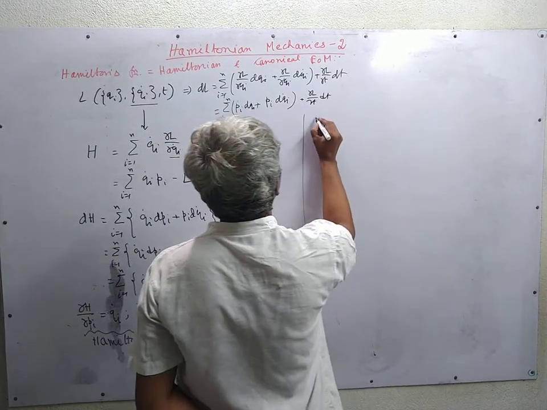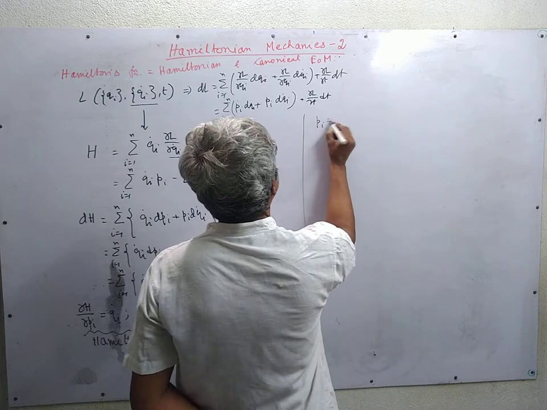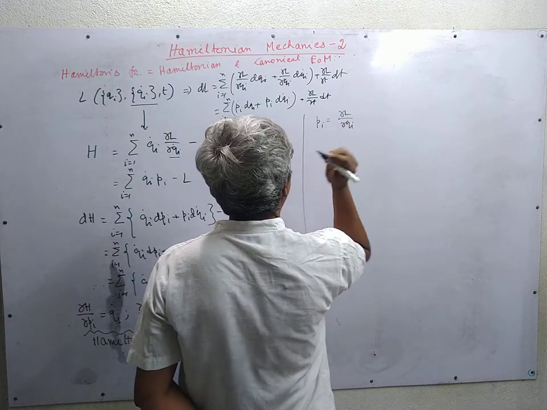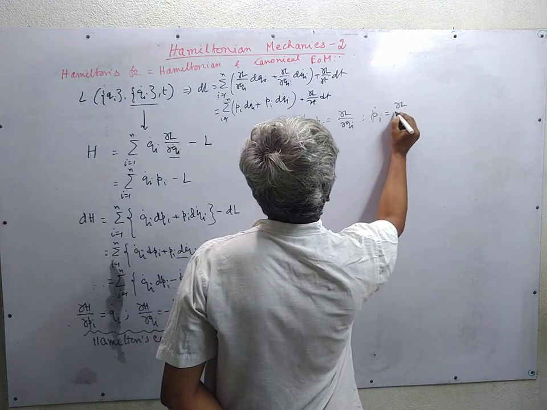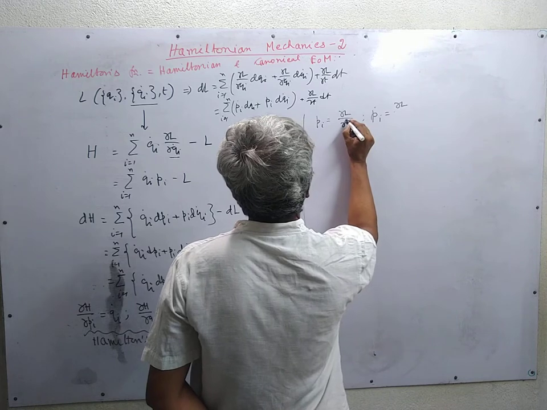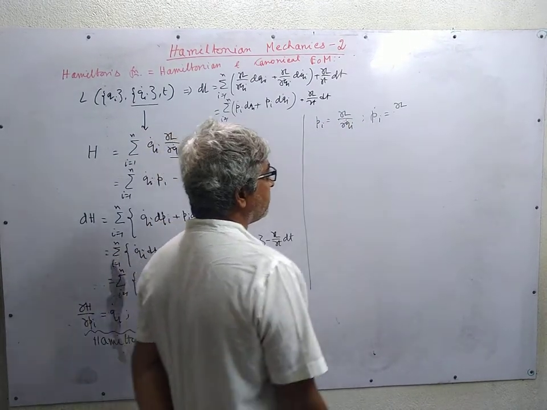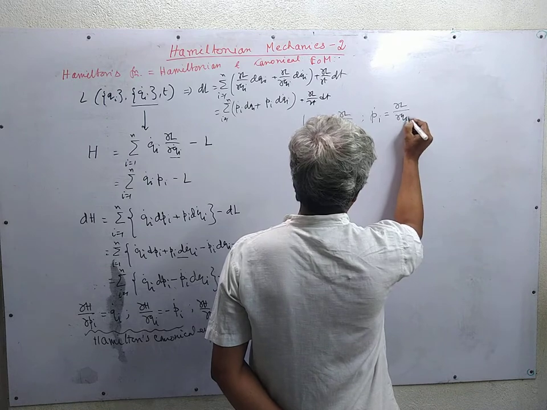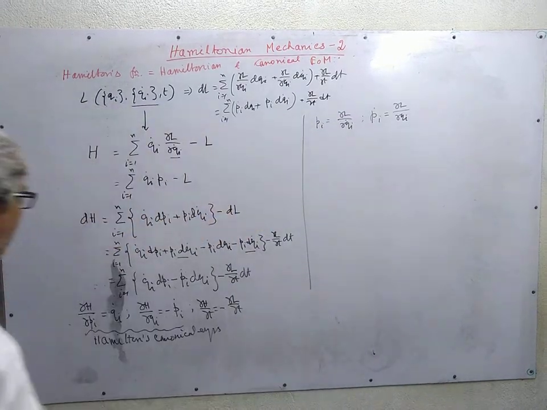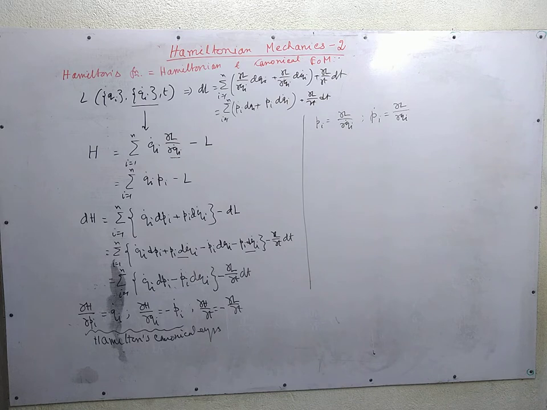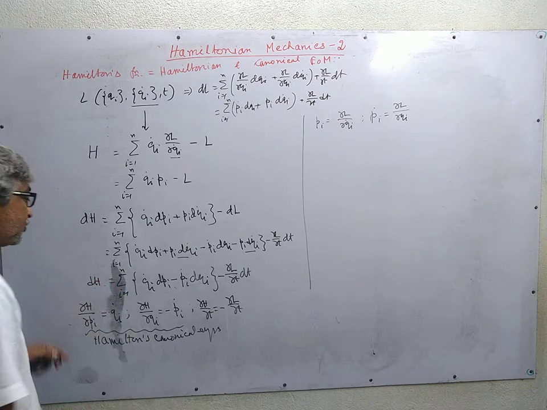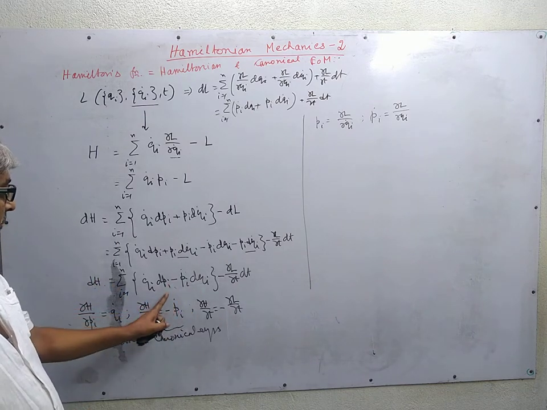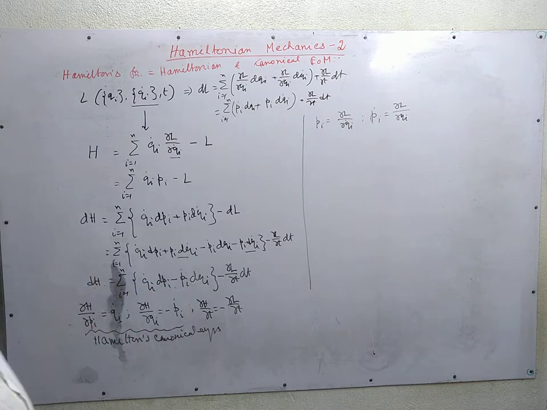In Lagrangian dynamics, we find that Pi is equal to ∂L/∂Qi dot, and Pi dot is equal to ∂L/∂Qi. In transforming from Lagrangian to Hamiltonian, we have obtained H, which shows that H is a function of Qi, Pi, and t.